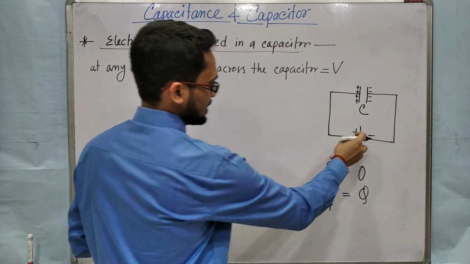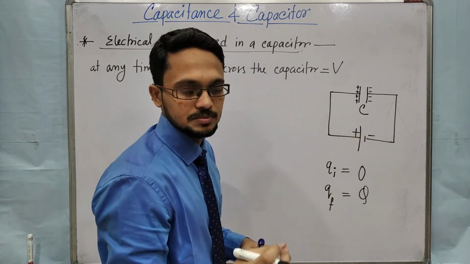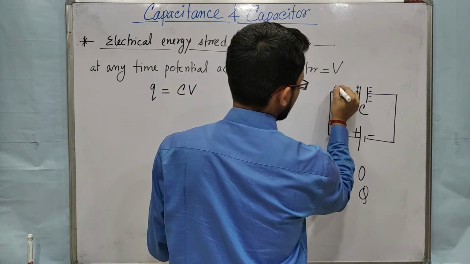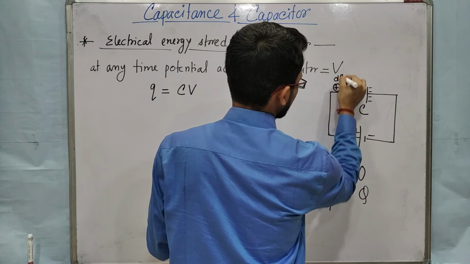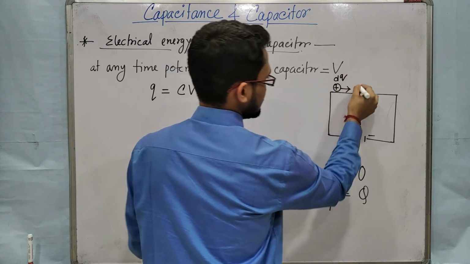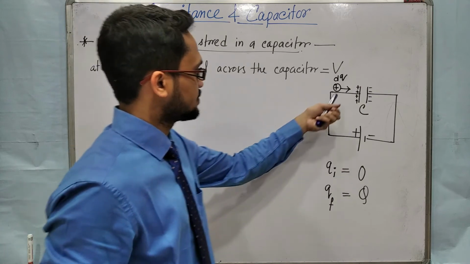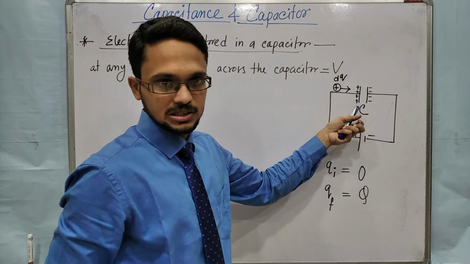Now suppose the battery is sending a small amount of charge, that is dq, to this plate. Then what will happen? This is positive charge, and this plate is also positively charged.